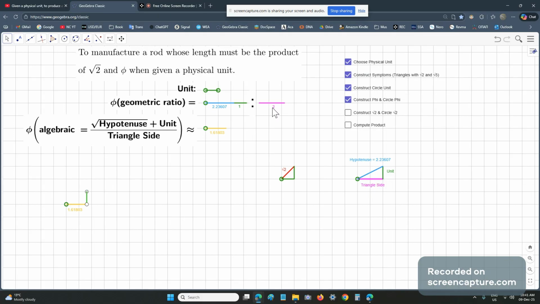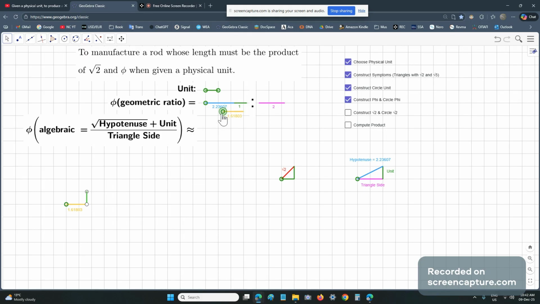Now listen, there is no way you can take this triangle side and measure the antecedent, which is this whole side here. The only way to do it is to geometrically divide it into 2, 1, 2.